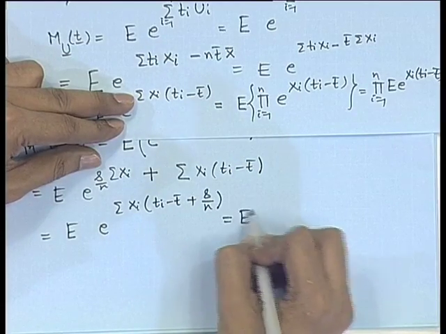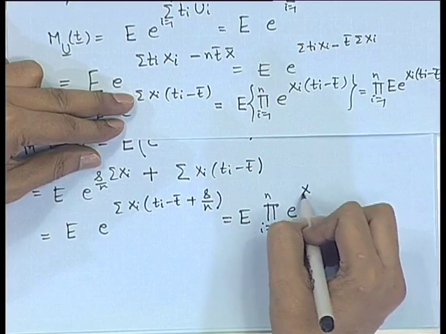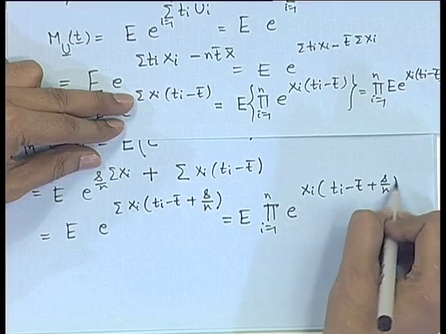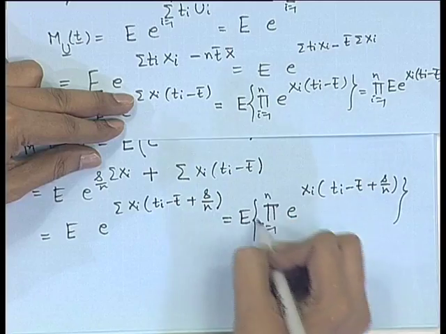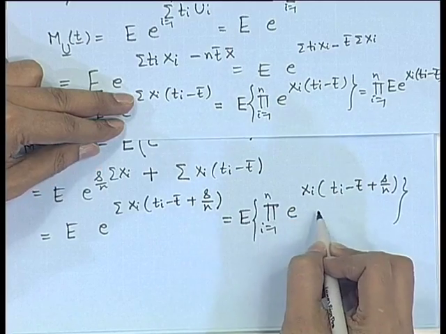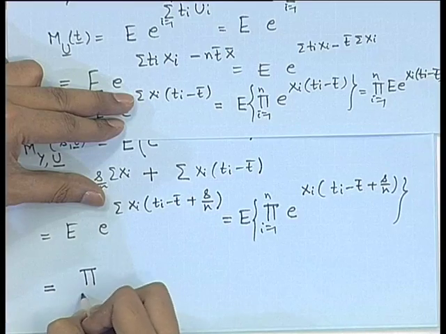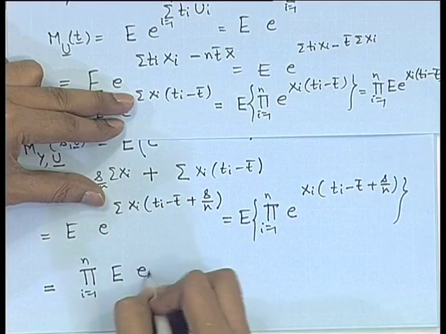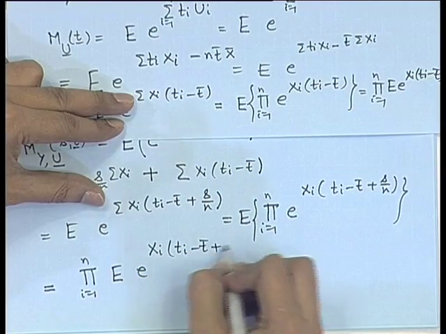So, this we express as the product over i equals 1 to n of e to the power x_i t_i minus t bar plus s by n. And once again, since the x_i's are independent random variables, the expectation of the product becomes the product of the expectations, product over i equals 1 to n of the expectation of e to the power x_i t_i minus t bar plus s by n.